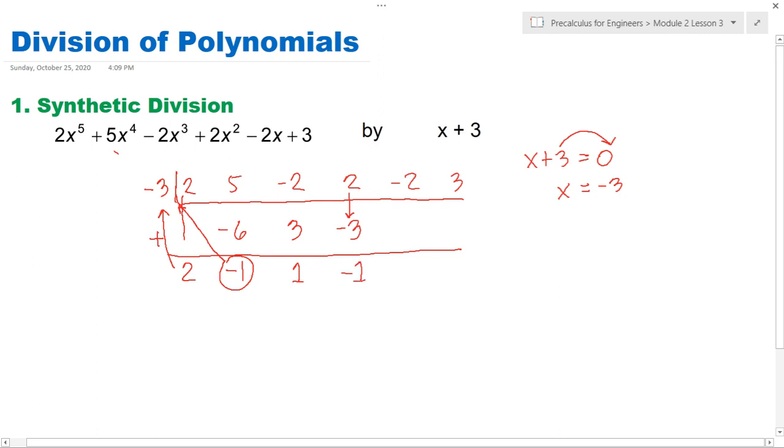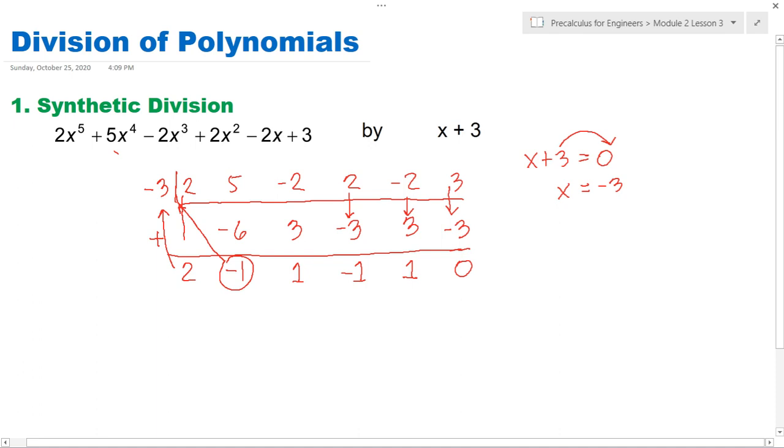And negative 1 times negative 3 is positive 3. Then negative 2 plus 3 is equal to positive 1. And positive 1 times negative 3 is negative 3. Add the last: 3 plus negative 3 is equal to 0. Therefore, we don't have a remainder. It is a factor.